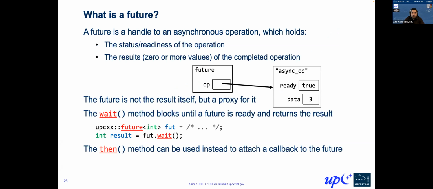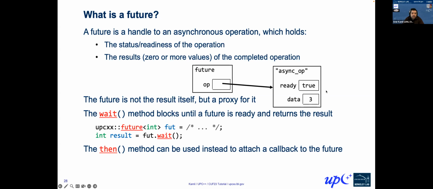All right, more on futures. In general, a future represents some values, which can be no values at all, as we just saw, or one value, which is pretty common. But it can also be multiple values, and we'll see an example of that later today.